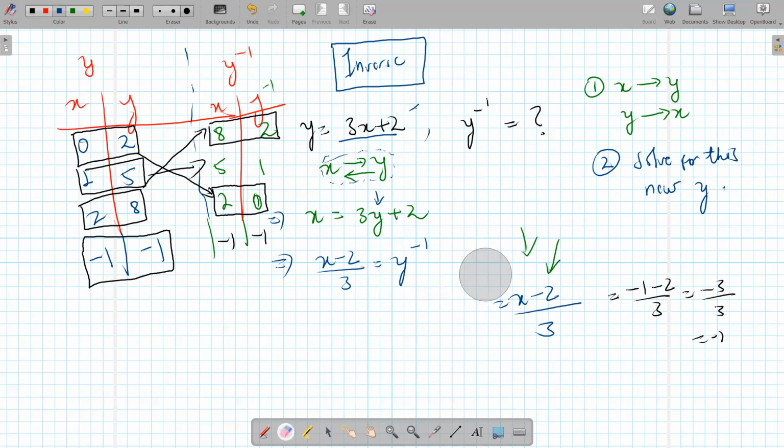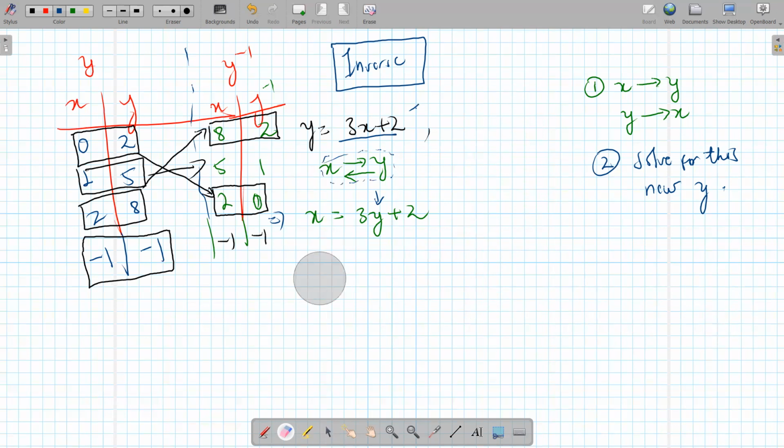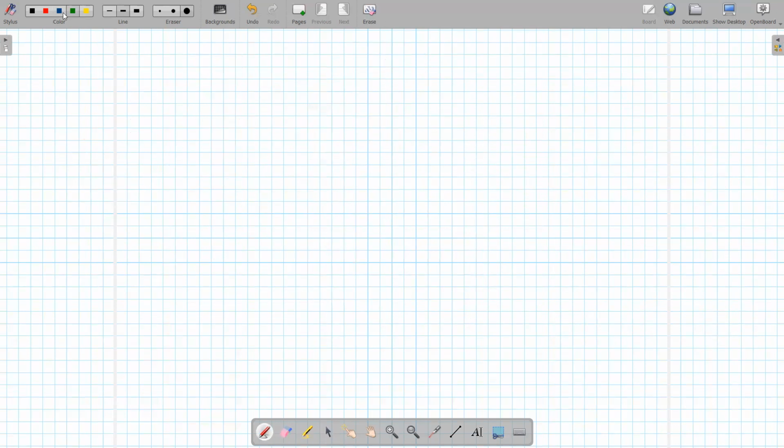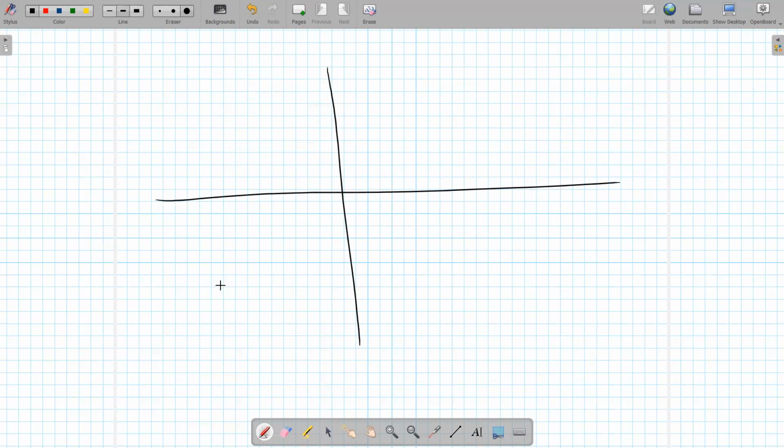There's one last way of looking at inverses, which is the graphical way, and which is going to be very helpful when we do the next thing that we're about to do. So let's say this is a grid, yeah? Let's say this is some function y, yes? Graphically, what happens is we're going to draw a diagonal line on the xy plane, like that.